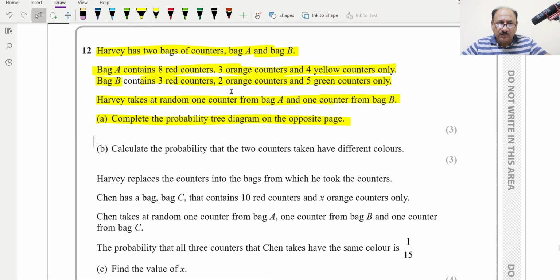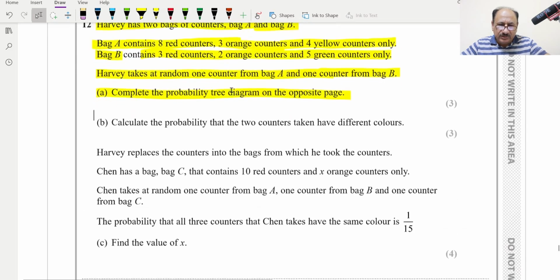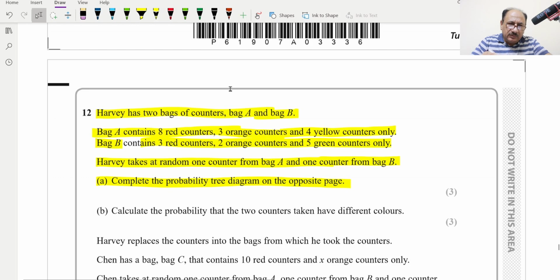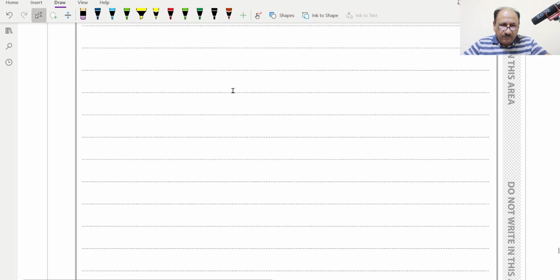So we have to complete this tree diagram. First of all, we know that bag A has 3 orange, 8 red, and 4 yellow, so the total is 15.